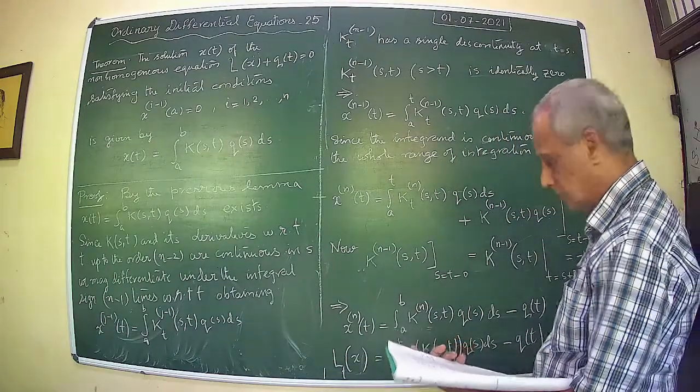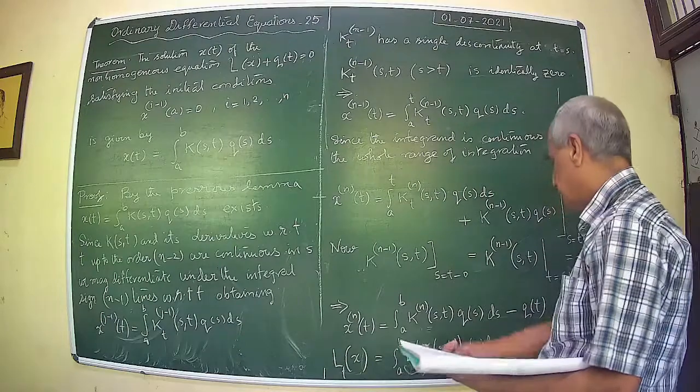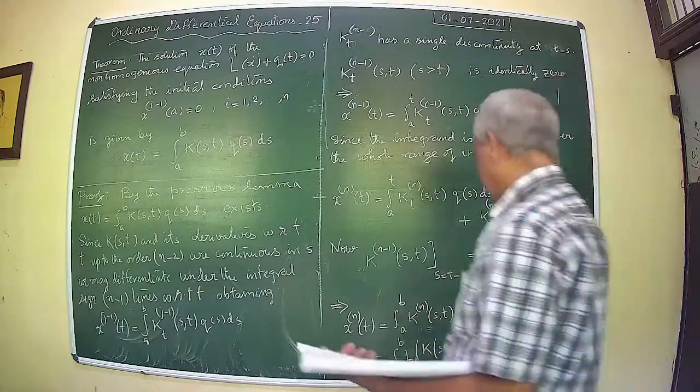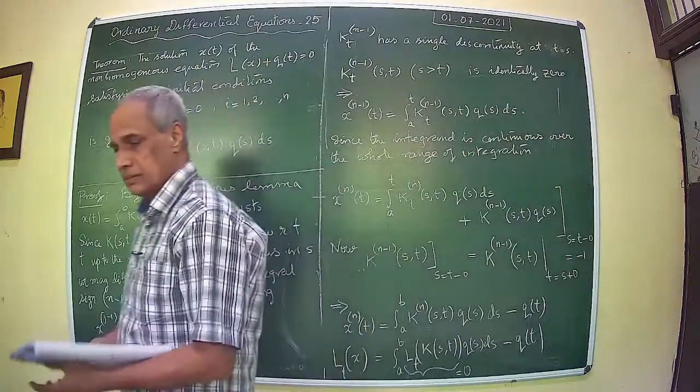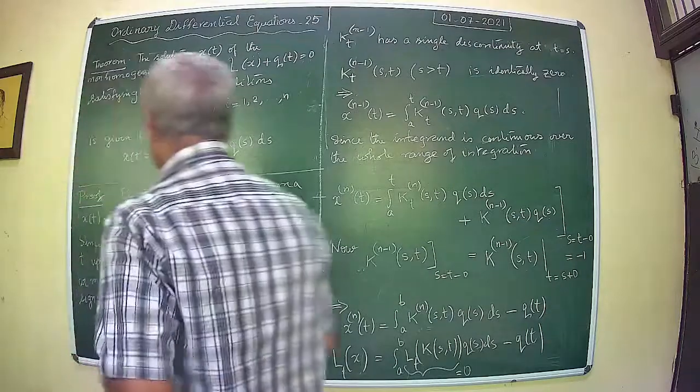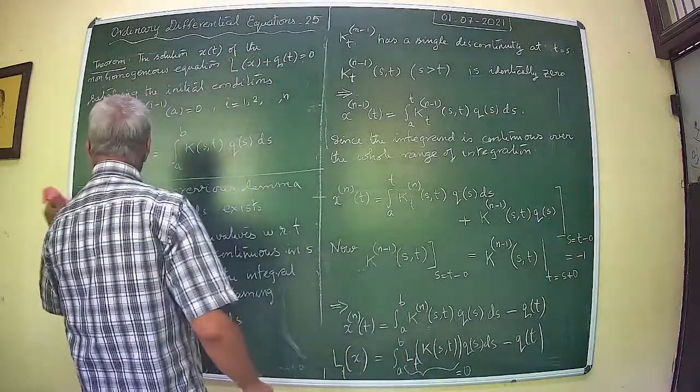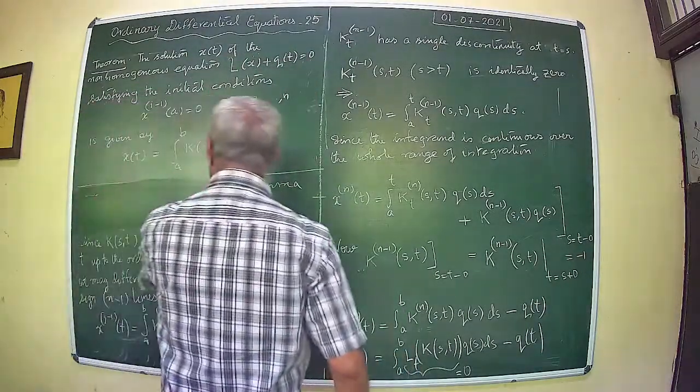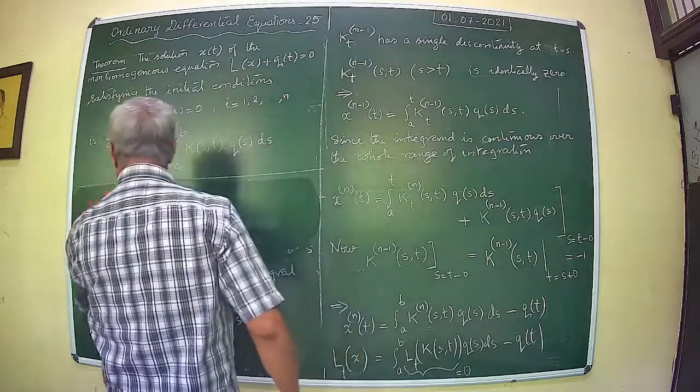Therefore, since L_t k(s,t), because we have looked at the solution, the property of the function, and we know that that is equal to 0.